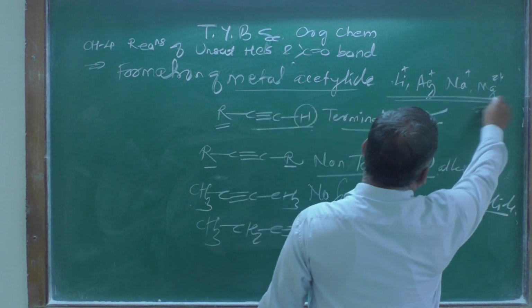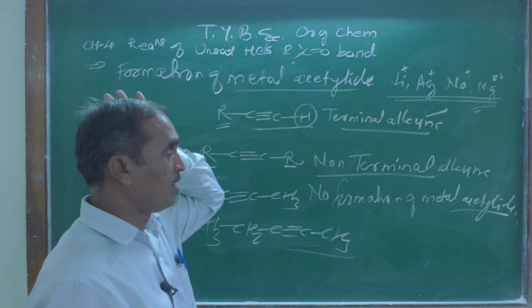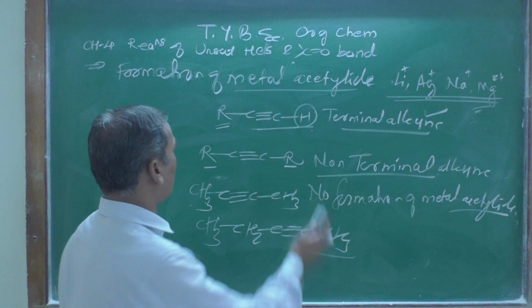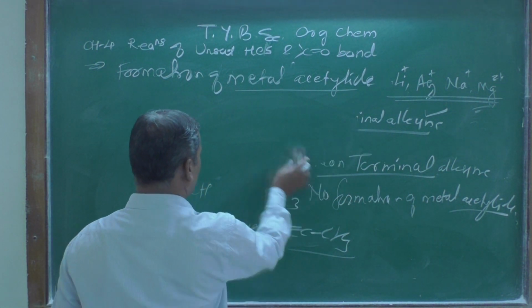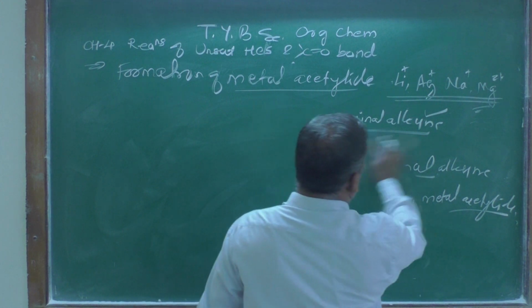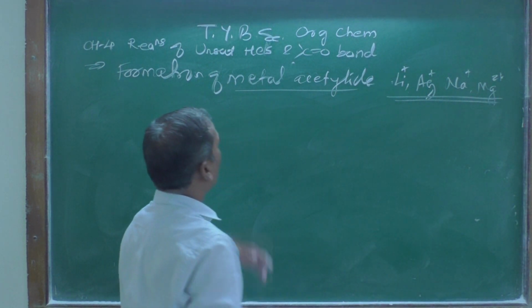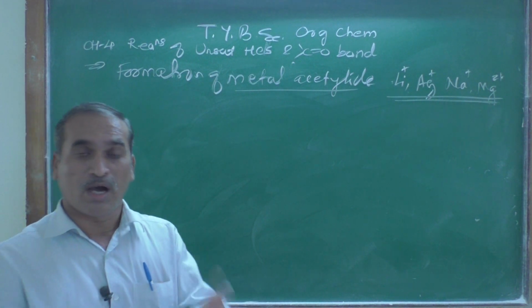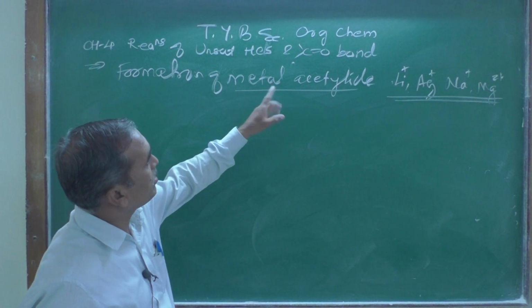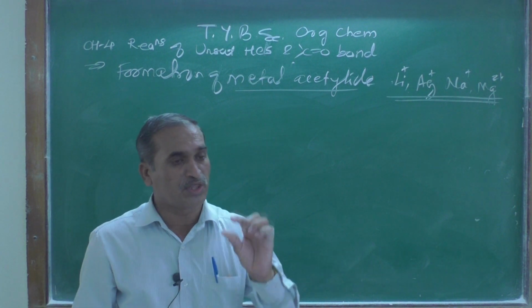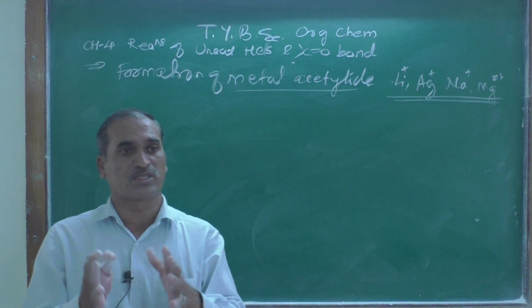Remember the metals like lithium, Li plus, and Mg can form an acetylide over there. And why are we learning this? Why is it important? The application is very important as far as synthetic organic chemistry is concerned.